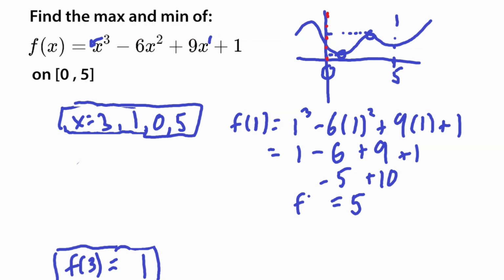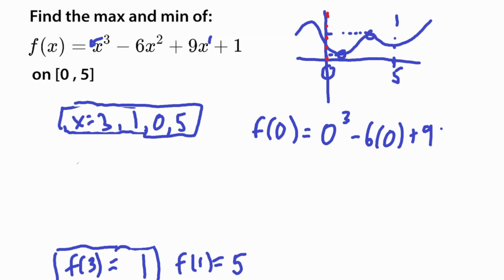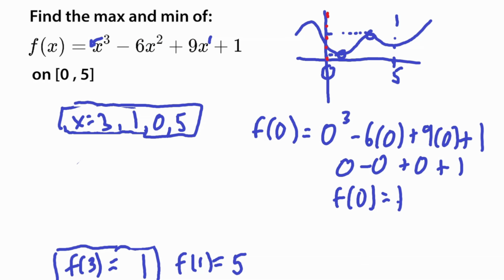So f of 1 is equal to 5. Now we have two more values to plug in. 0 is a boundary point, and you always check the boundaries. So 0 cubed minus 6 times 0 squared plus 9 times 0 plus 1 is 0 minus 0 plus 0 plus 1, so f of 0 is equal to 1.